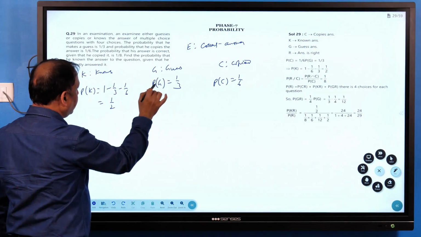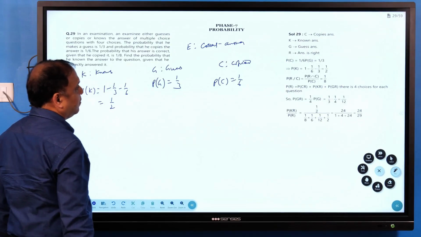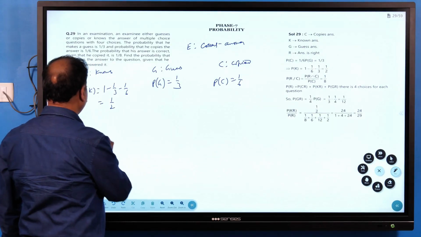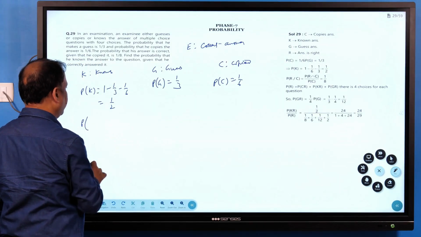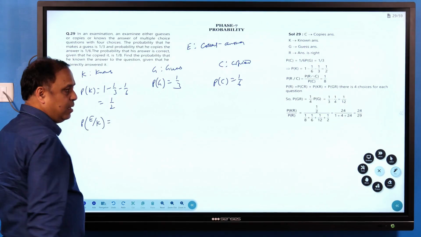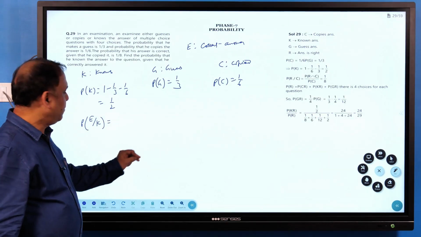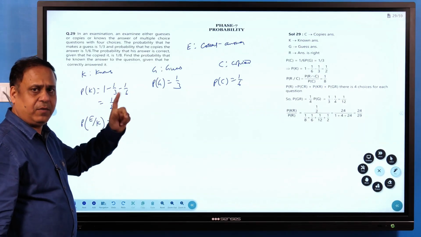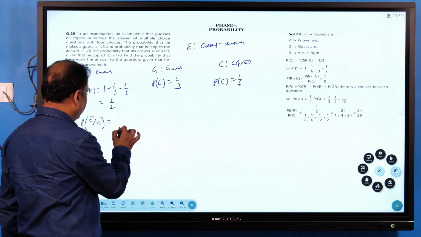E is the event that his final answer is correct. So probability of answer being correct given that he knows it: if you know the answer, then what is the probability of your answer being correct? It will be 1.